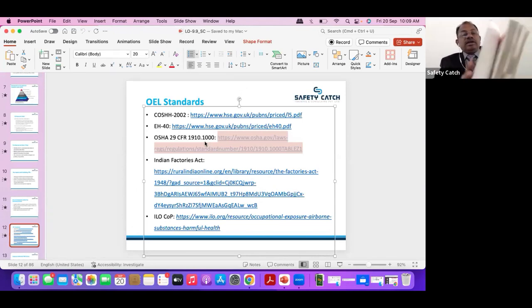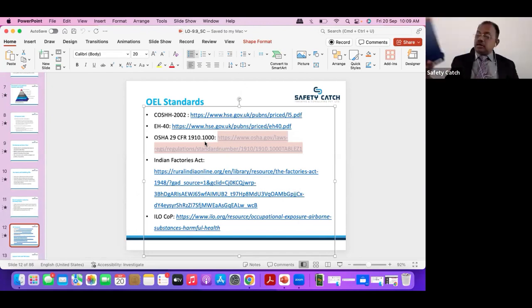I studied from RIT, New York. So this is 1910. You can see CFR 1910, which is a booklet like this. You can download it, it is available on the internet. We will also share it with you. This standard is a very beautiful standard. And we'll just see it here.